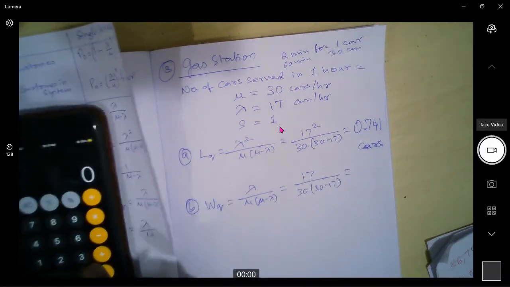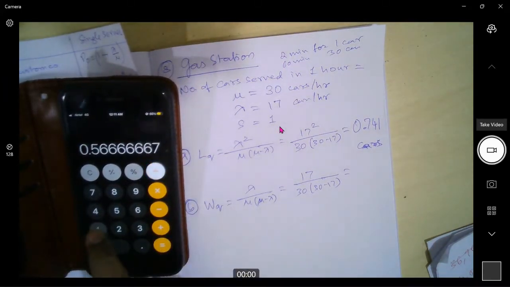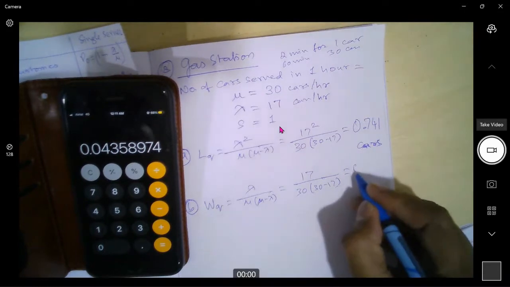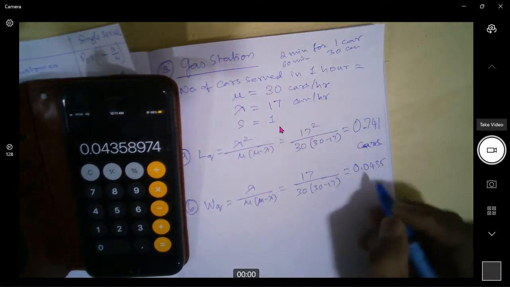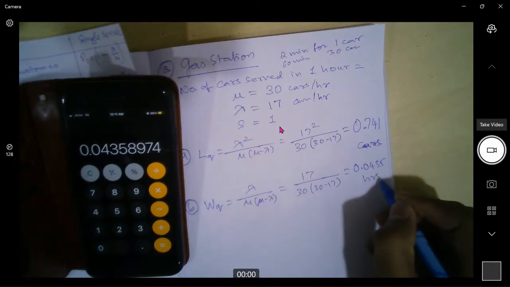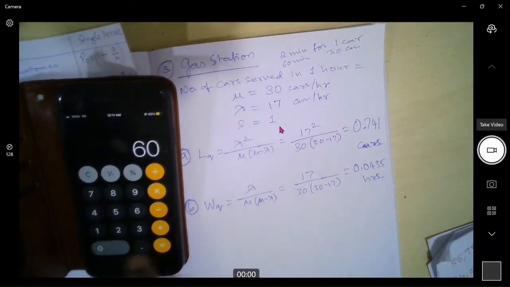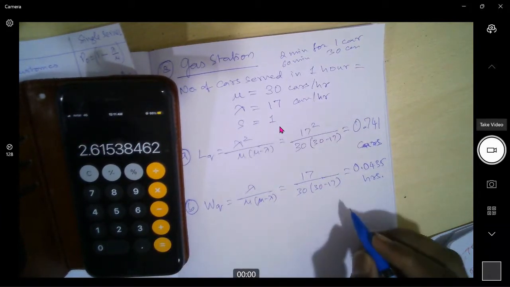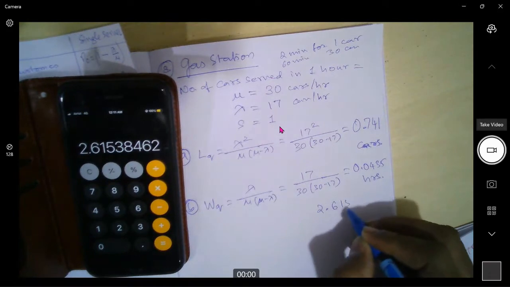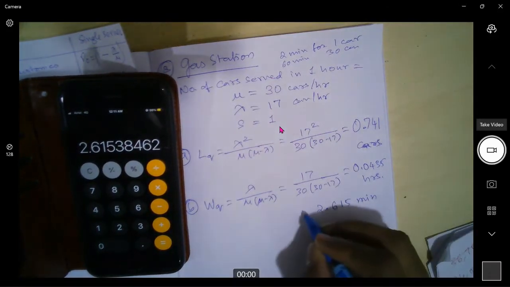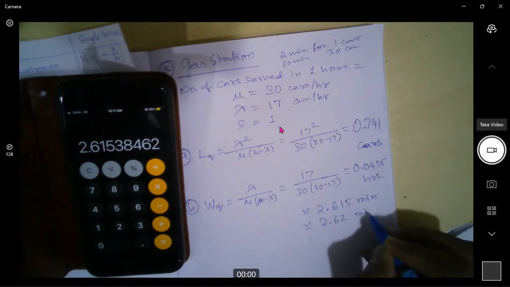So let's see, 17 divided by 30 divided by 13, which is 0.0435, whatever. Now this is in hours, so convert into minutes. Multiply by 60, and I'm getting 2.615 minutes, which I can round off to 2.62 minutes.